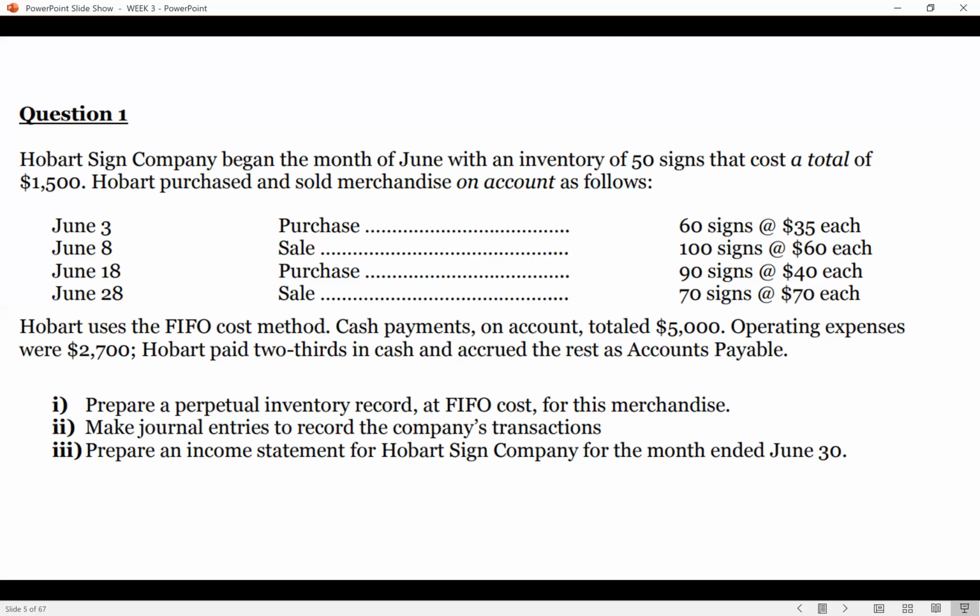For each of these transactions we're supposed to do journal entries. Then we go ahead and prepare our income statement. So as per usual, we're going to be doing 1 and 2 simultaneously. As we record in our perpetual inventory system, we're going to be doing the journal entries at the same time. So let's look at that.